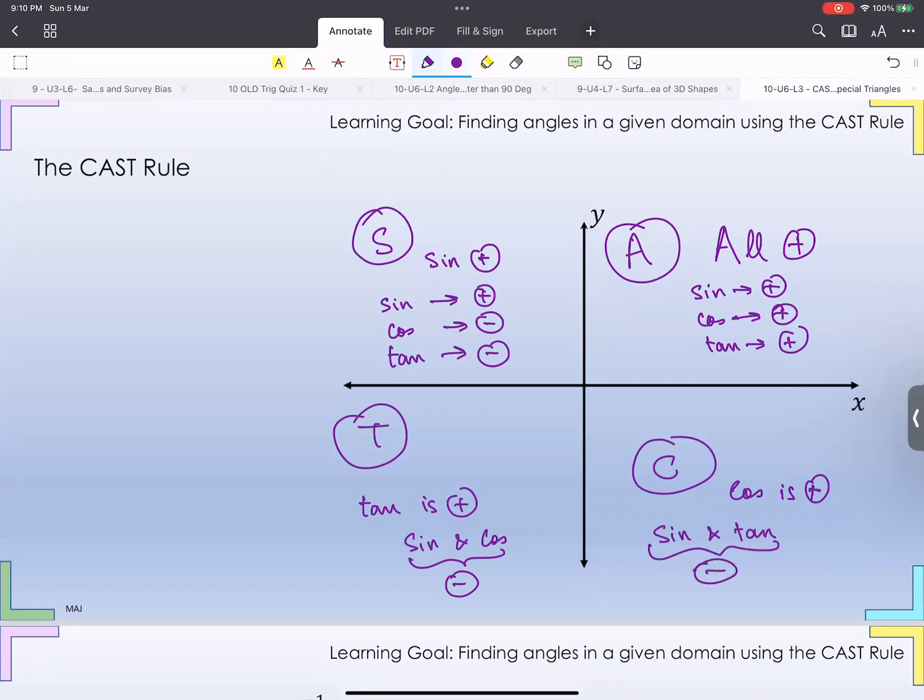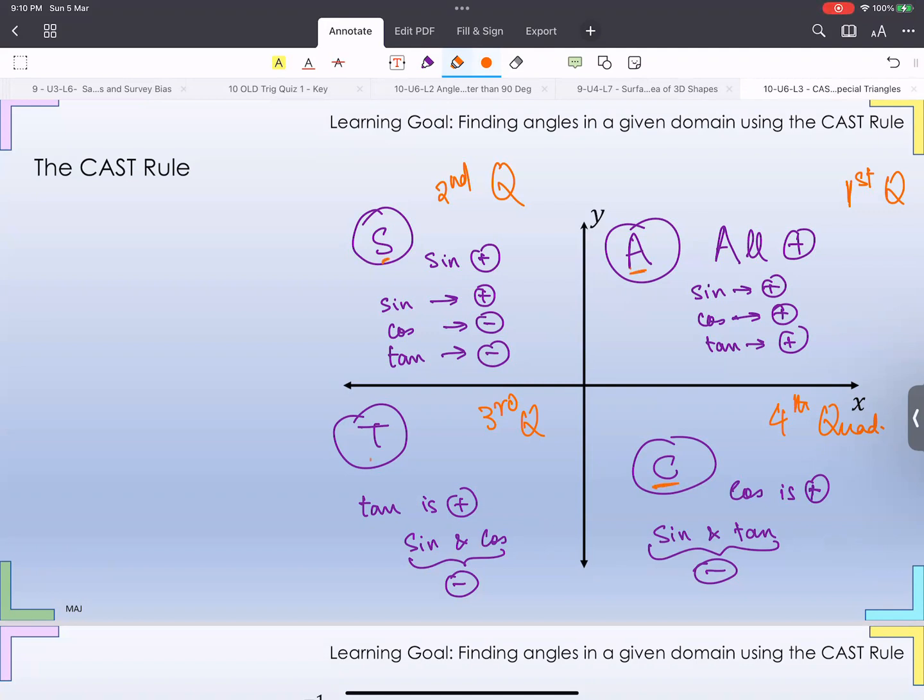Okay, the only thing you have to keep in mind is this is the first quadrant, this is the second quadrant, this is the third quadrant, okay, and this is the fourth quadrant, but we read this word C-A-S-T.